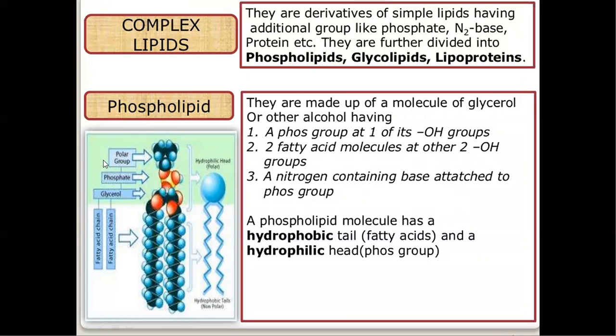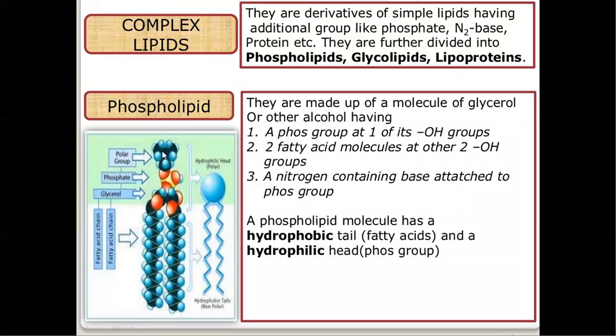Due to the presence of the polar group, this is hydrophilic in nature, so it is solubilized in water and reacts with water. Due to the presence of fatty acid chains, the tail is hydrophobic in nature, which repels water molecules.